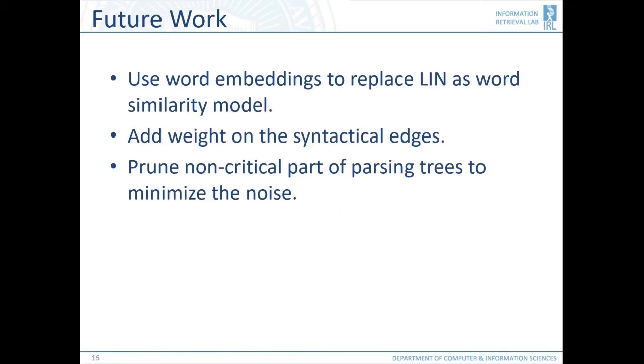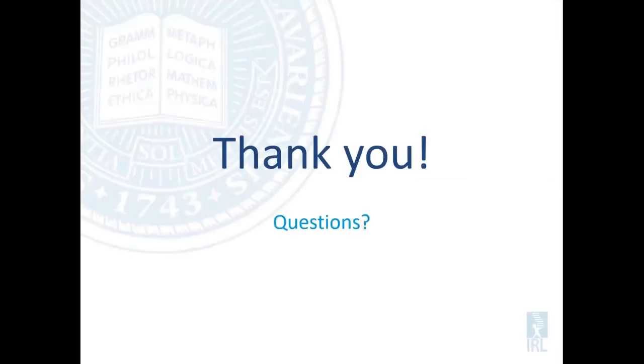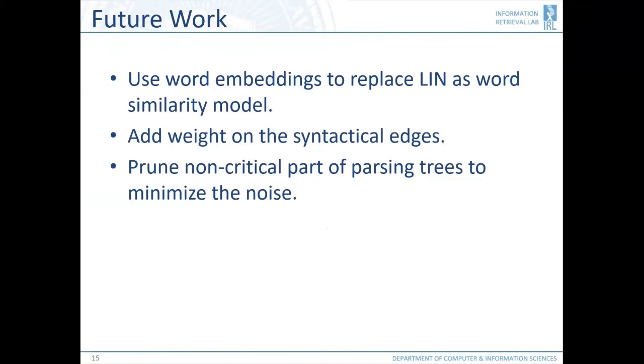Okay, so future work. As we know why this result is not that good in the similar group, we can use word embeddings, such as Word2Vec or GloVe, to replace Lin as the word semantic model.